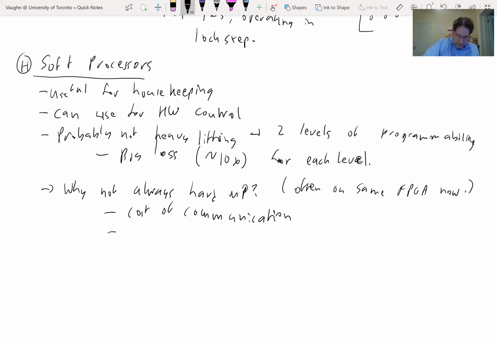Another reason, which is kind of related, is the coprocessor use. So you could use that hard processor to control hardware units, but it's not that flexible. Depending on how many processors you need to control your hardware units, maybe you need 10 different processors in 10 different parts of the chip to control different hardware units.